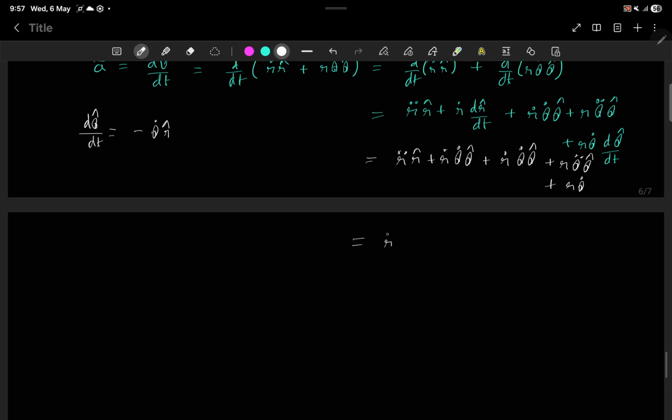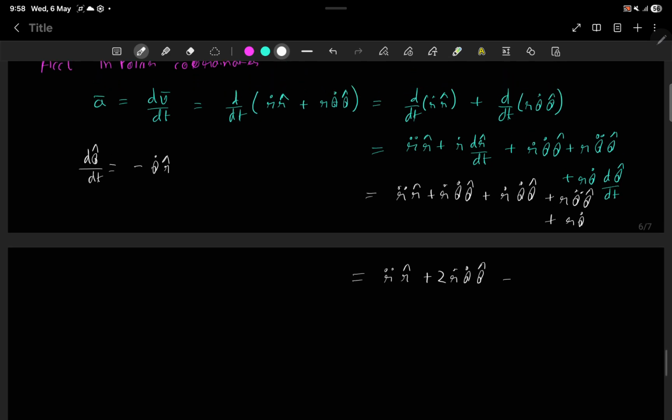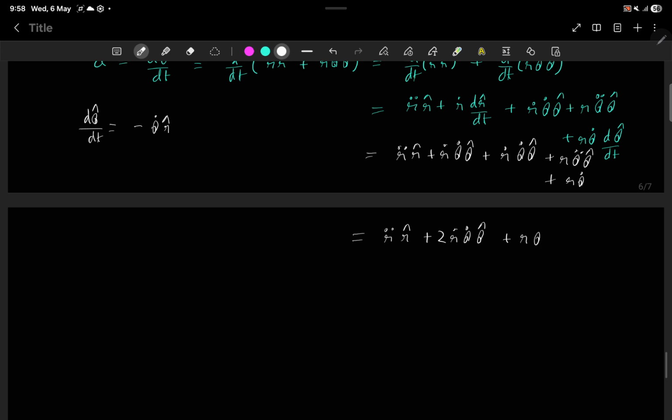So I can write it as r double dot r cap plus 2r dot theta cap. Okay, so I have three terms. Oh, sorry, this is another one: r theta dot theta cap plus, here I have r theta dot and d theta cap by dt was minus theta dot r cap.